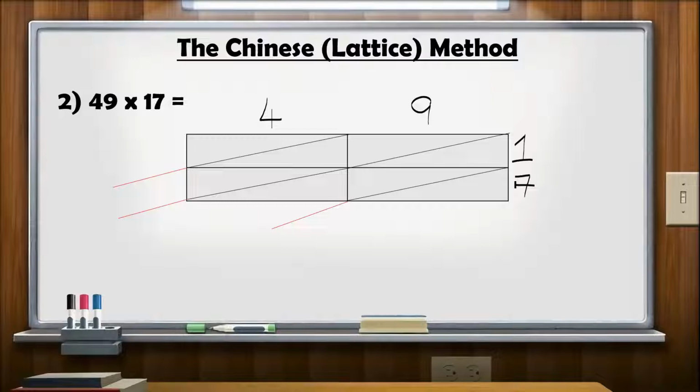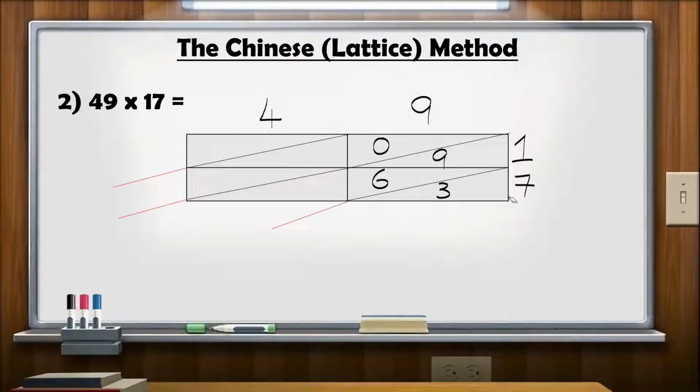So I'm going to start off by multiplying 9 times 1, which is 9. So I'll have 0 tens and 9 units. I'm going to multiply 9 with 7. That is 63. So I will have 6 tens and 3 units.